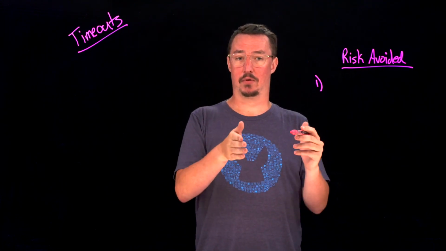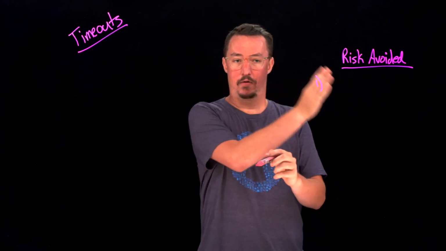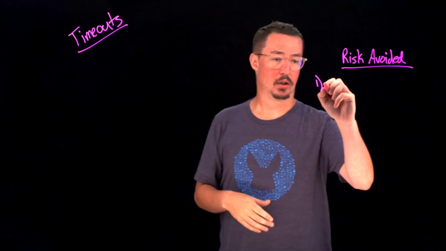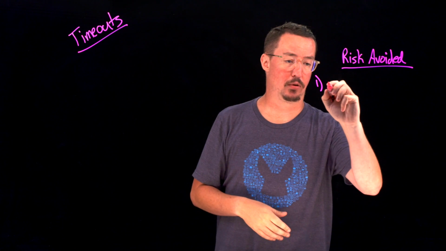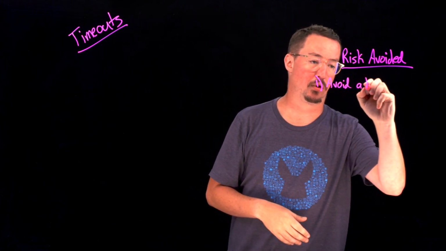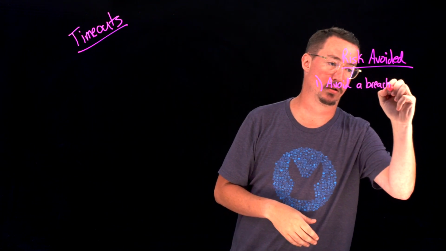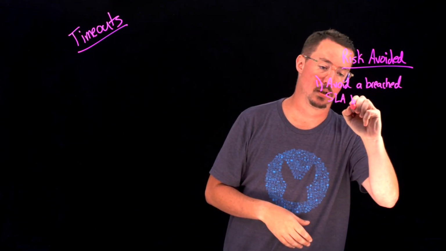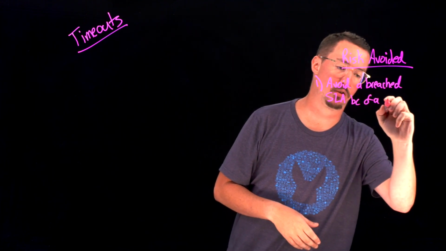You want to be proactive with that and return a failed response before the SLA is actually breached. So we're going to avoid a breached SLA because of a downstream system.